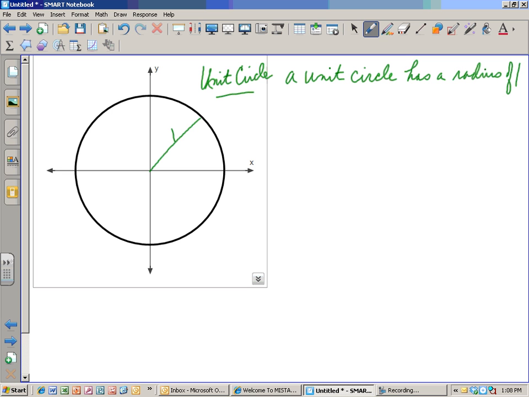Give the coordinates of the point on a unit circle with a 250-degree rotation. Okay? Here's 180, 250, it's probably about here, isn't it?